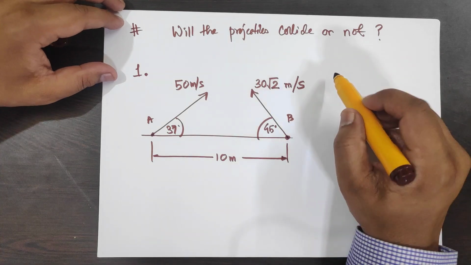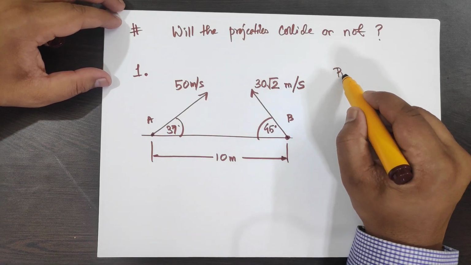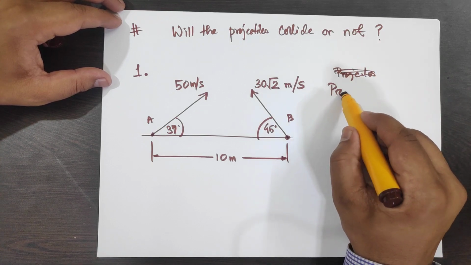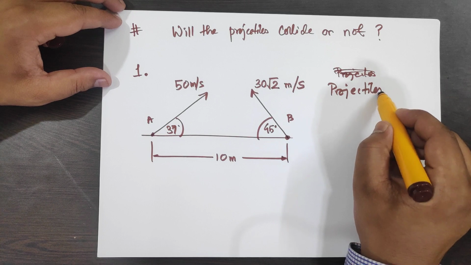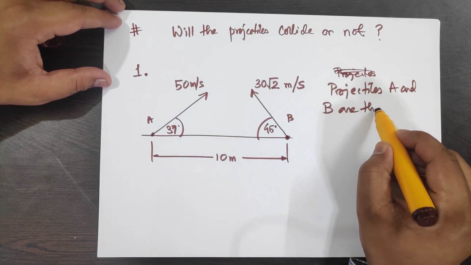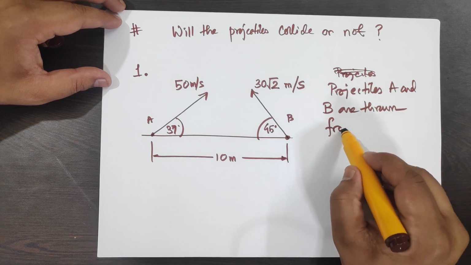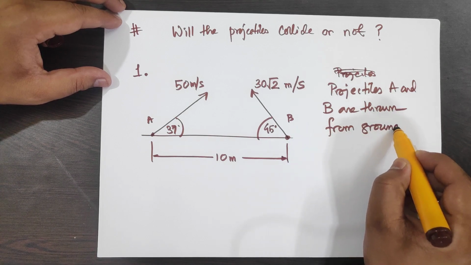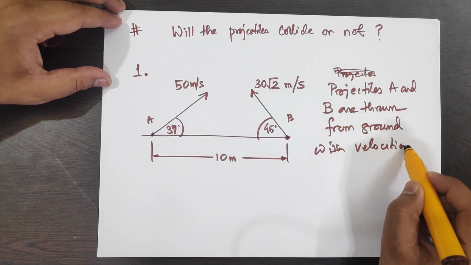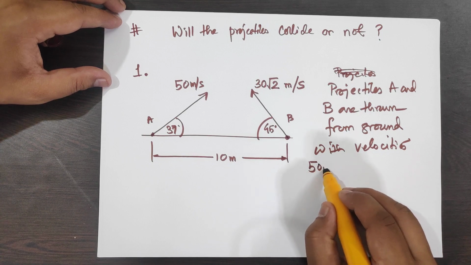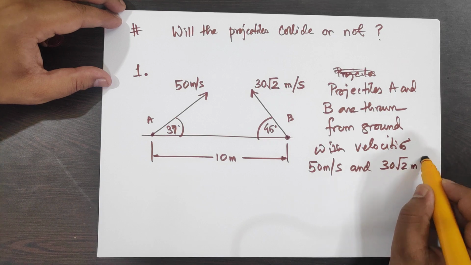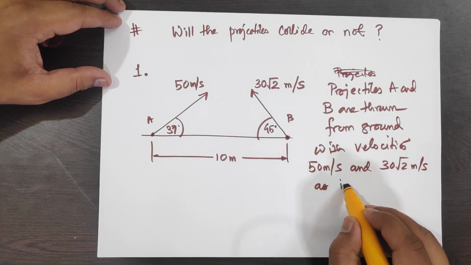Okay, so here it is: the projectiles A and B are thrown from ground with velocities 50 meter per second and 30 root 2 meter per second as in figure.